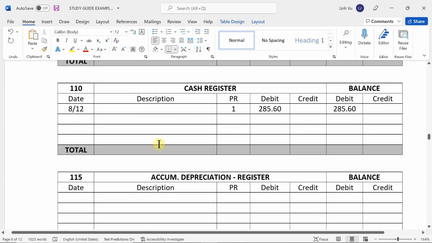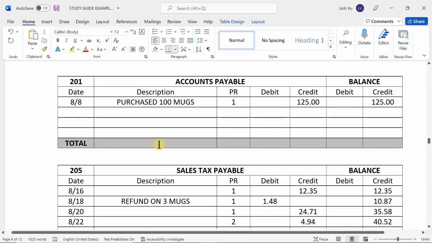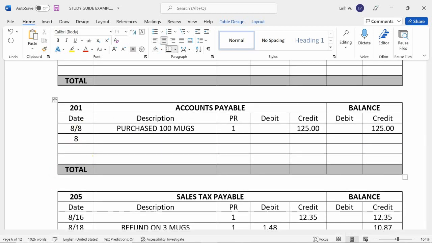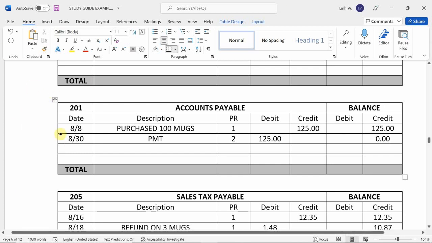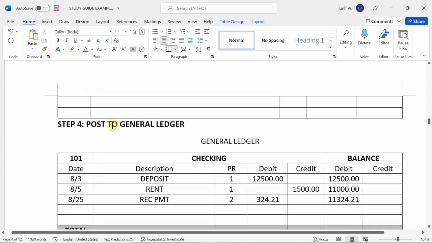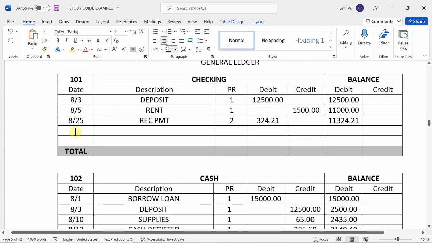Supplies, cash register, accounts payable right here. It's the 30th, and payment for that $125. So that should bring your account balance to 0. And this money is going to be taken out from your checking account because you wrote a check.